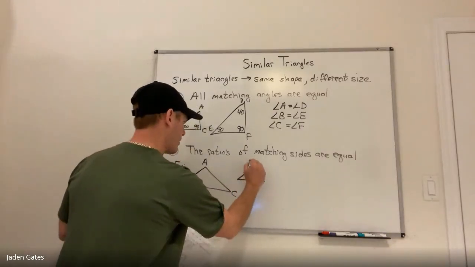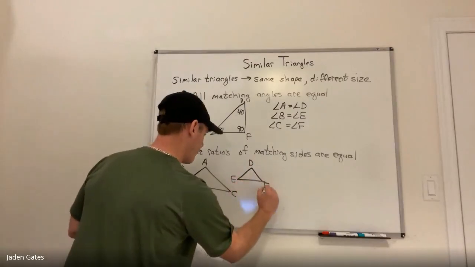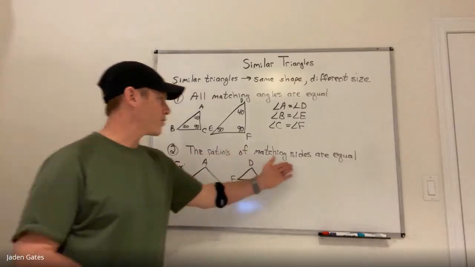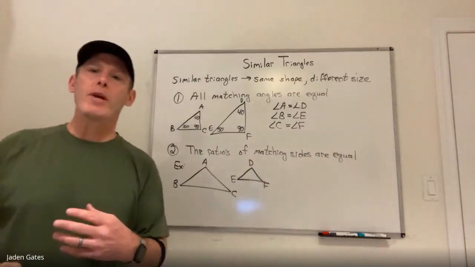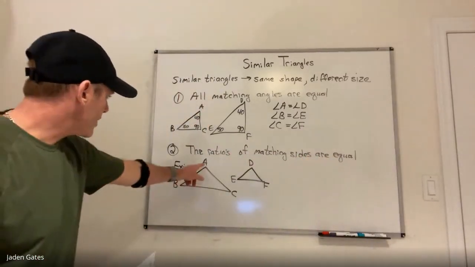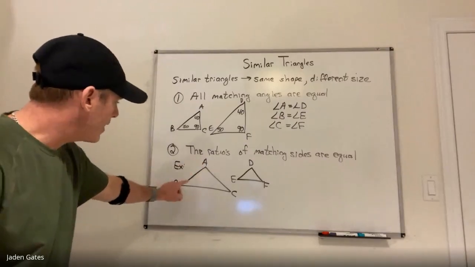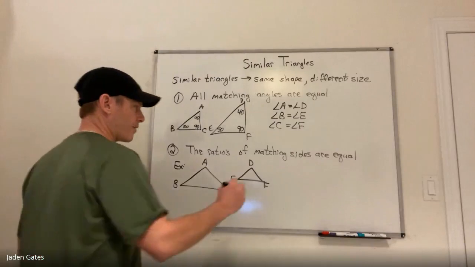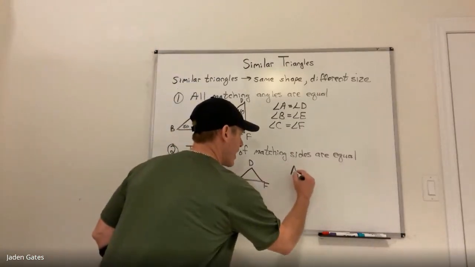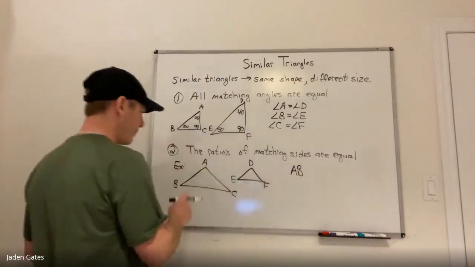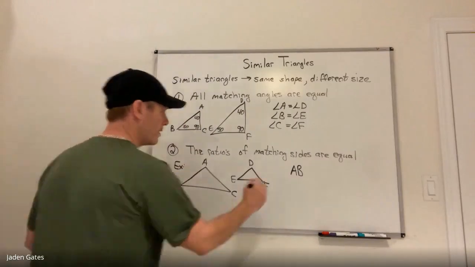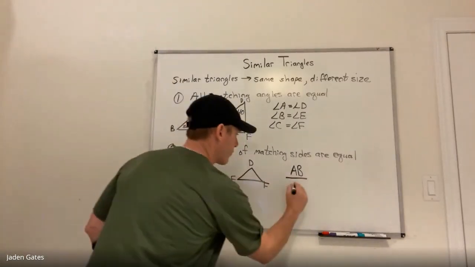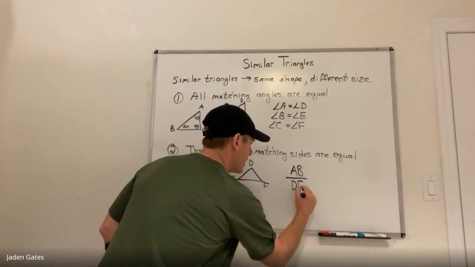And I'm going to go with D, E, and F. So what that means, the ratio of matching sides are equal, is that when we compare two sides, for example, if I compare side AB and its corresponding side DE, I can write that as a fraction where I take side AB, that's the side from A to B, divided by DE.